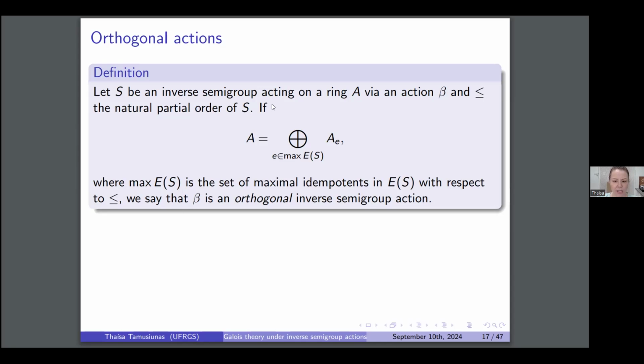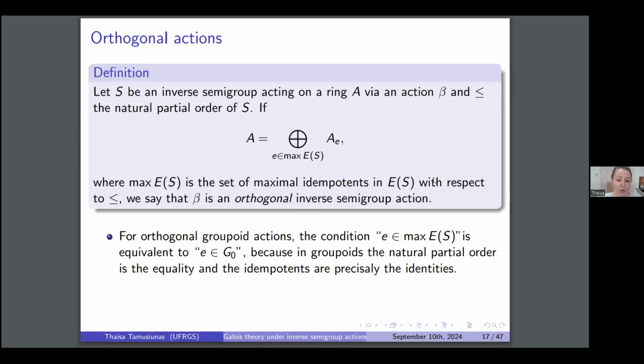So if this decomposition is true, then we say that beta is an orthogonal inverse semigroup action. This is a little bit restricted, but I will talk about this in a few moments.